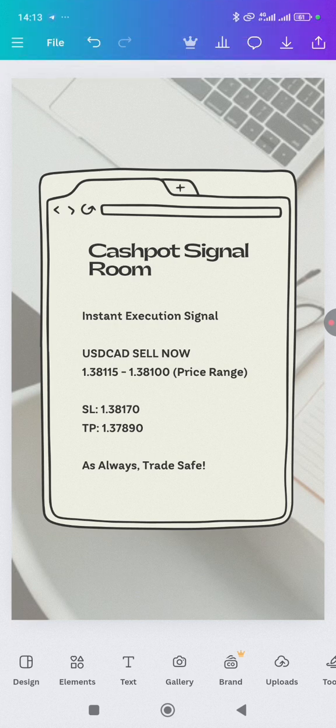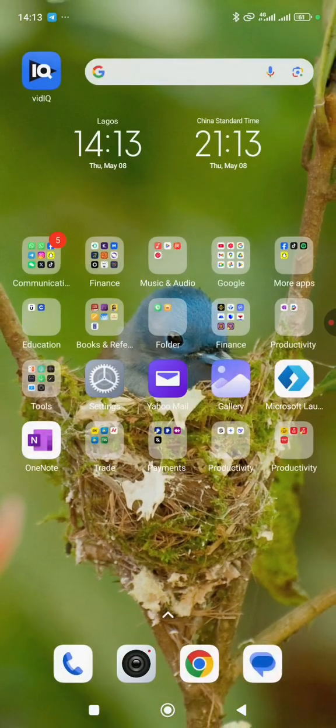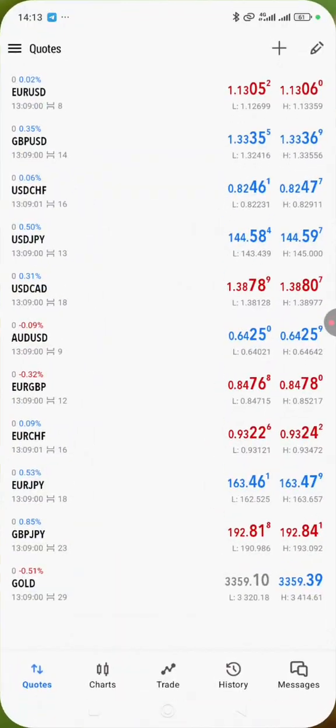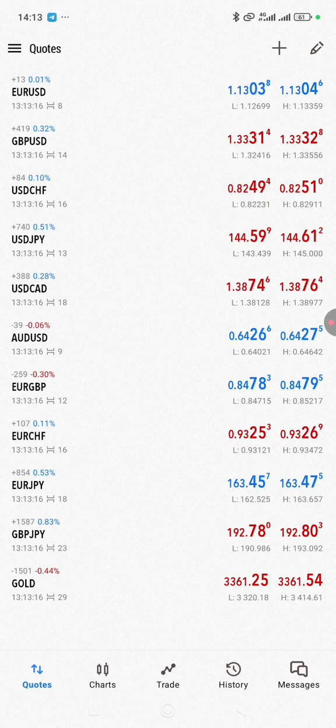Now I'm quickly going to show how you're going to execute this type of order in the MetaTrader. So let me quickly switch to my MetaTrader and show you how to get that order done. So we are dealing with USD CAD. That is this particular instrument.